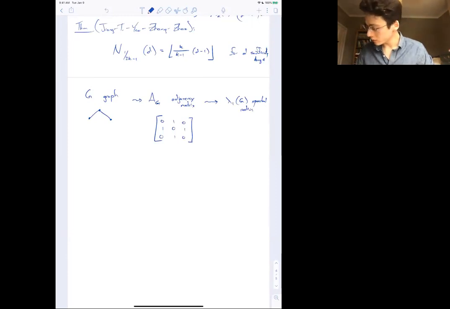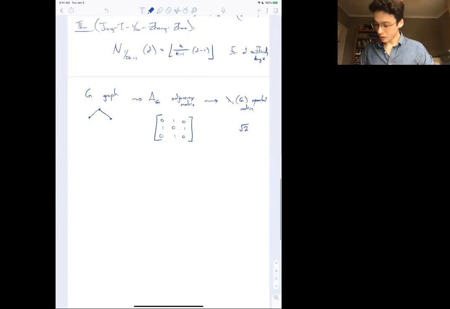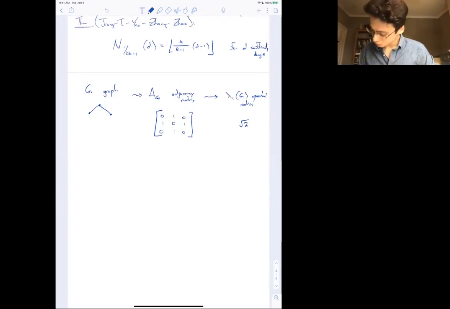So for the path of length 2, the spectral radius is square root of 2. Okay, and to state the theorem, I'm going to need this kind of strange spectral parameter that I'm going to call the spectral radius order.